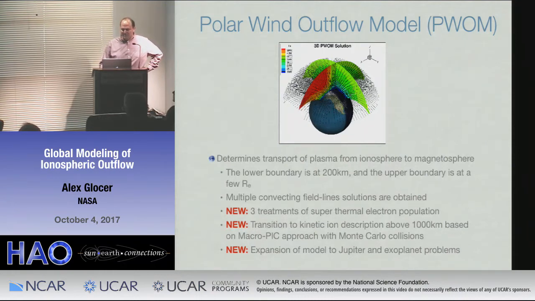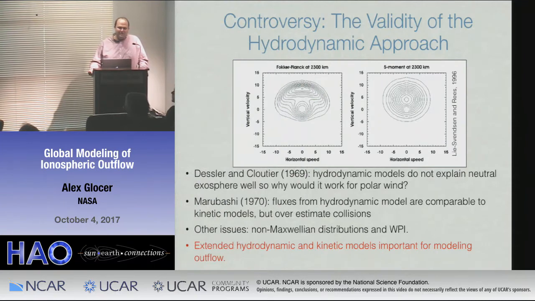You can start with the question of why you want to include a kinetic ion description in your model of ionospheric outflow. What's the point? To answer that, it actually goes back to a very old controversy. If you go back and read through the literature of the early papers on ionospheric outflow, the earliest models of polar wind were hydrodynamic models, and they were criticized basically immediately.